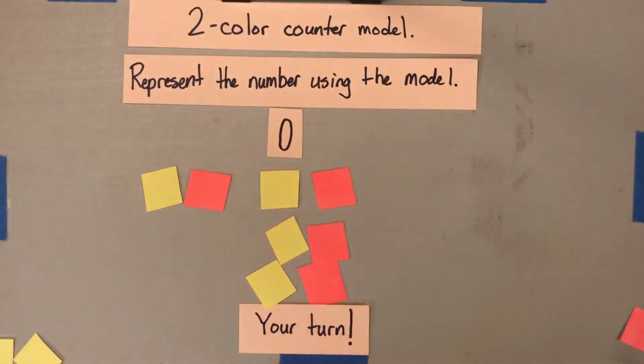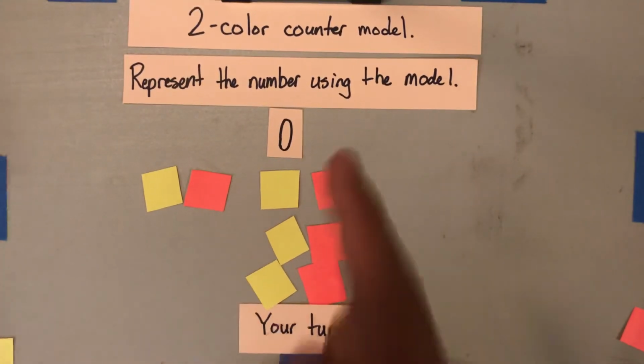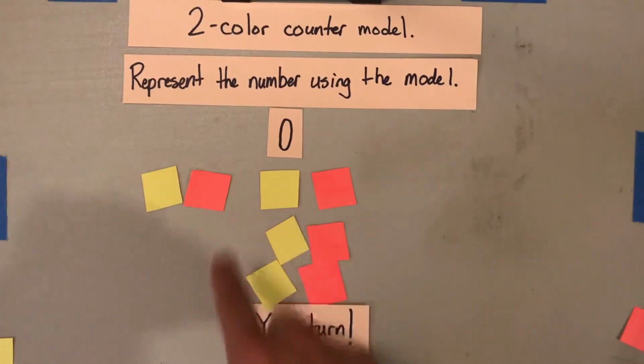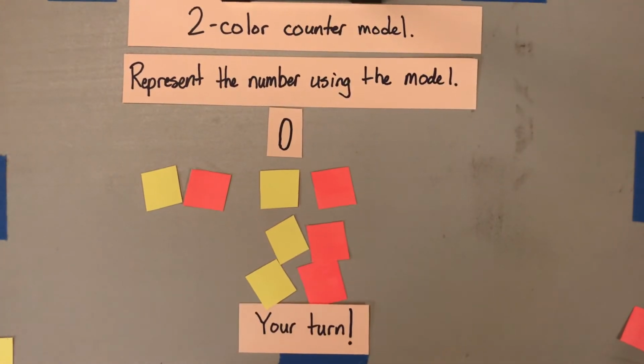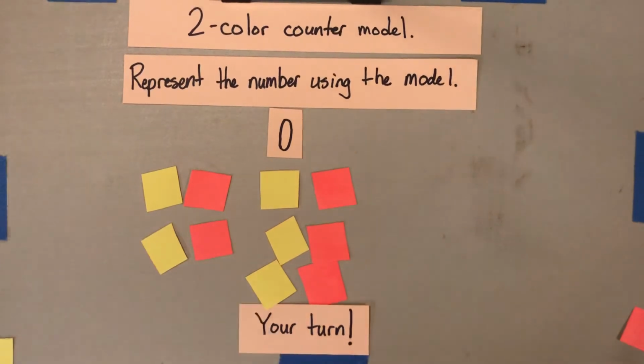And my second way of representing 0, I'm not going to be terribly creative here, would be 5 zero pairs. So it turns out I can take any number of zero pairs and use them to represent the number 0.